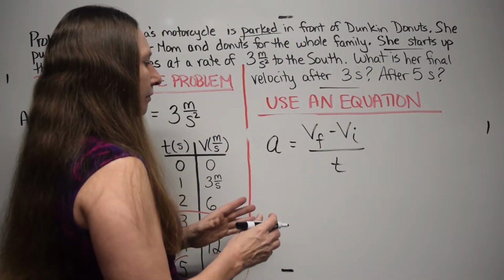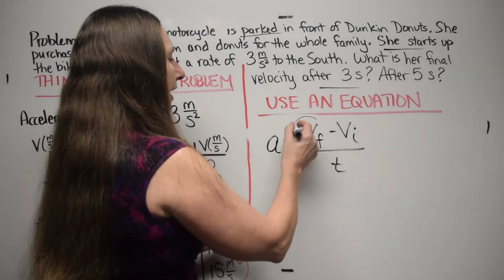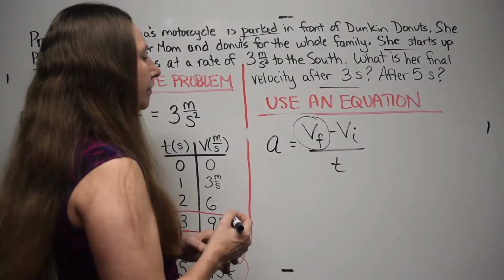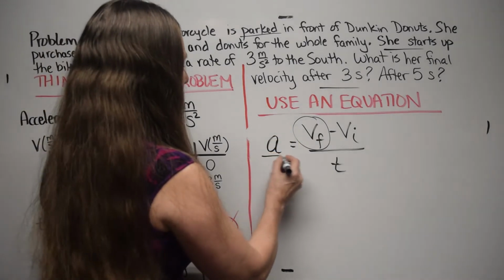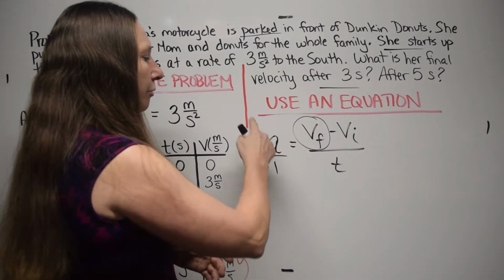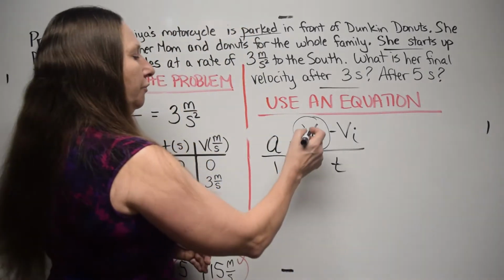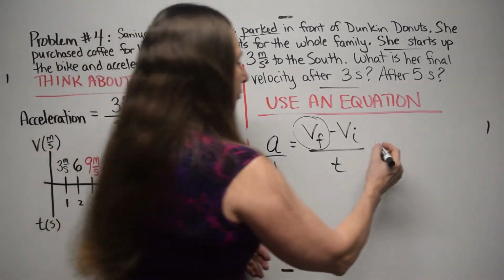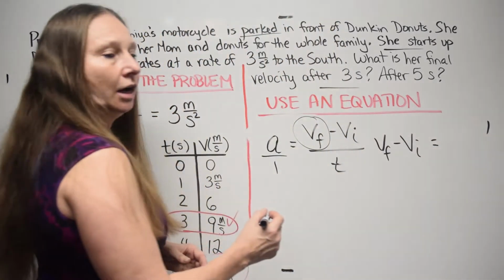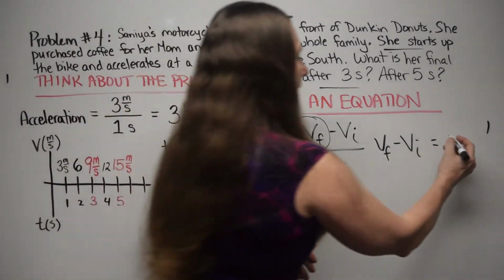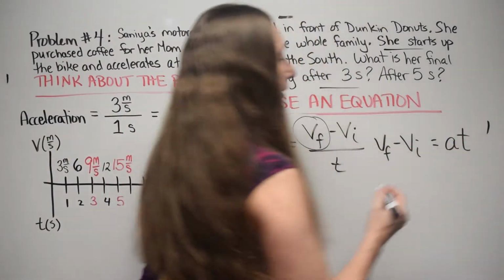All right, now, we're trying to find the final velocity, so we got to get this by itself. Let's put the A over 1, and let's start by cross-multiplying. So V final minus V initial times 1 equals A times T. Now, there's your A times T right away.